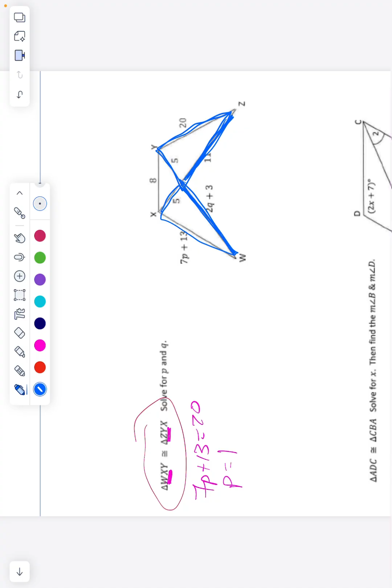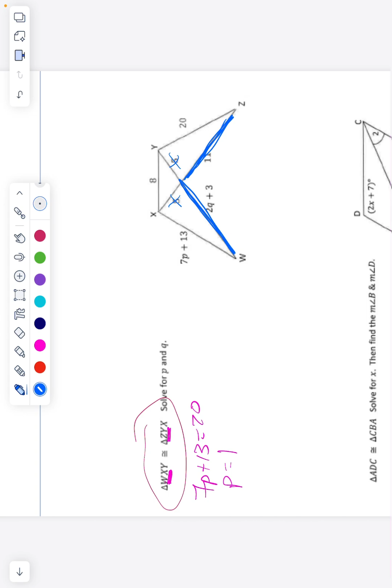Is that the triangles we were told were congruent? No. So do you see how these two lines I have highlighted are pieces of the triangle? Just a part of a length, not actually the side length of the triangle. So if we were not given these, could you set those equal? No, because it's parts of, and we wouldn't know for sure if they were equal parts of a length of a triangle.